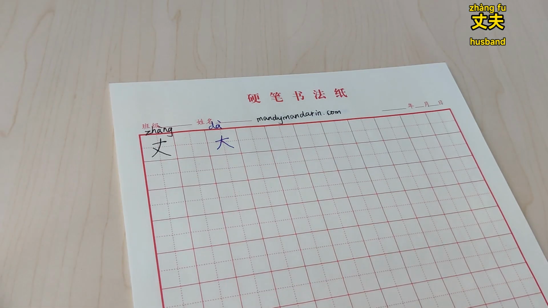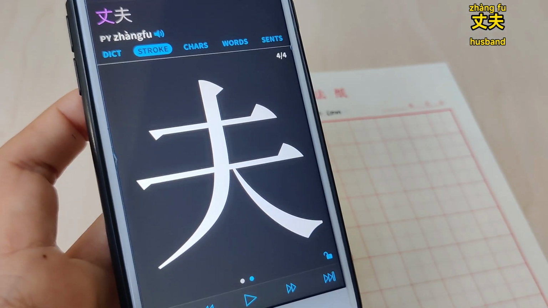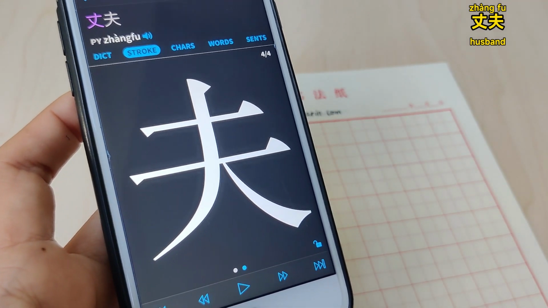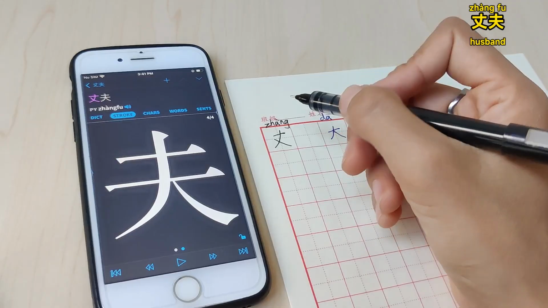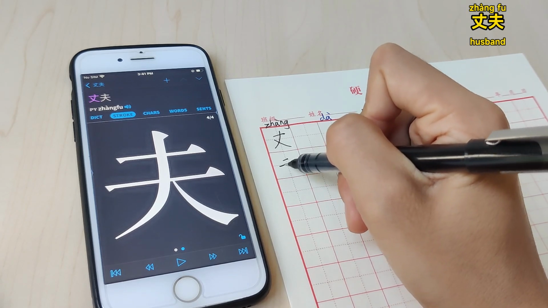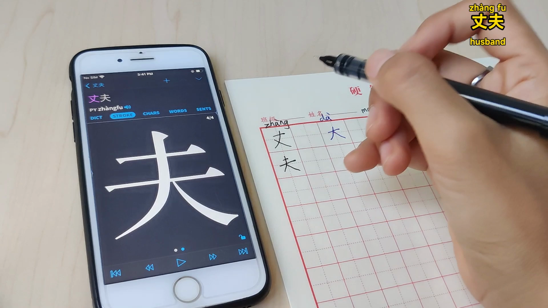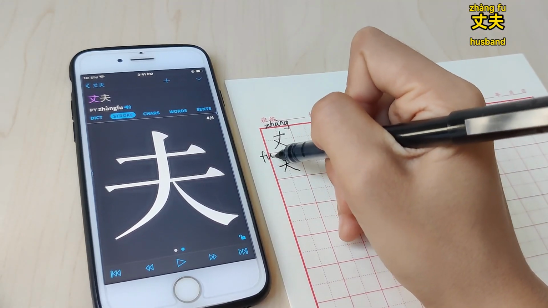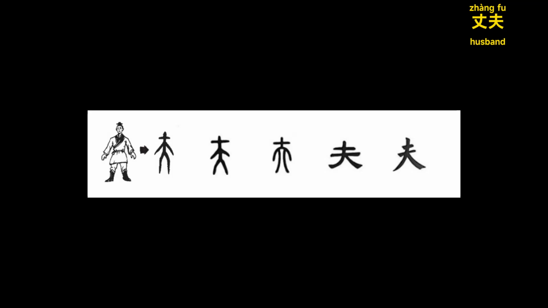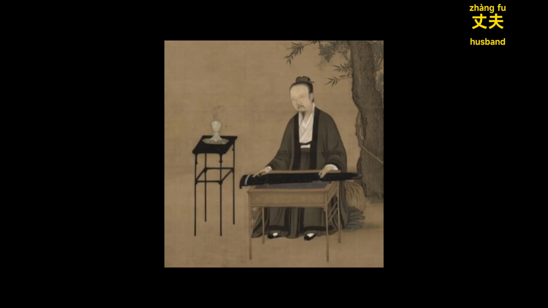And moving on to the next one, 夫. This is how we write the 夫. We go 1, 2, 3, 4. And here's the picture of the evolution of the character 夫. It evolved from a picture of a man's hairstyle. This is the hairstyle for a grown-up man.